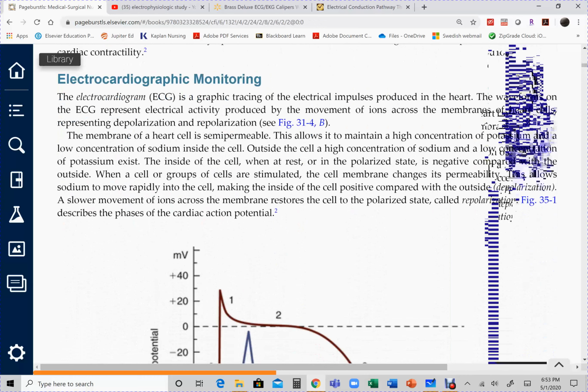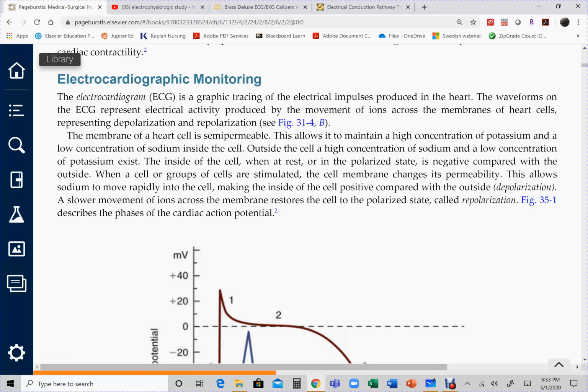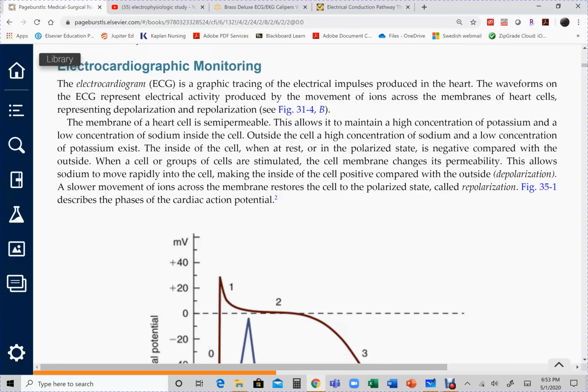ECG monitoring. This is the measurement of the electrical conduction of the heart, or more specifically, a graphic tracing, because we put it on paper or on an electronic monitor.